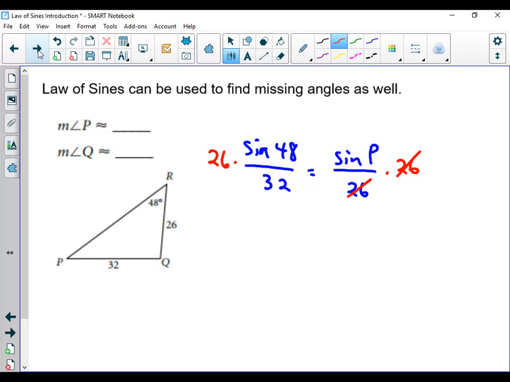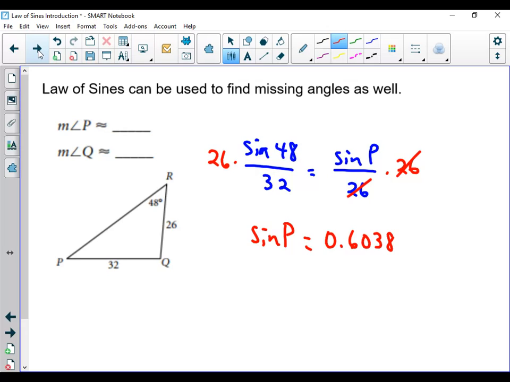So the sine of P is going to be equal to some value here. So let's see what that value would be. Well, if I type in 26 times the sine of 48, and I divide that by 32, I get 0.6038.